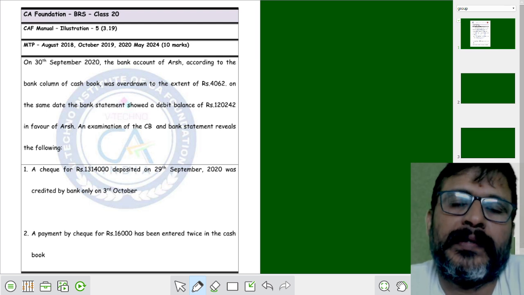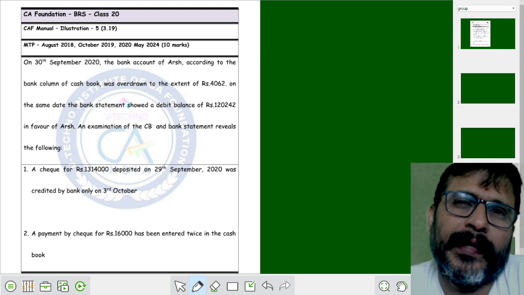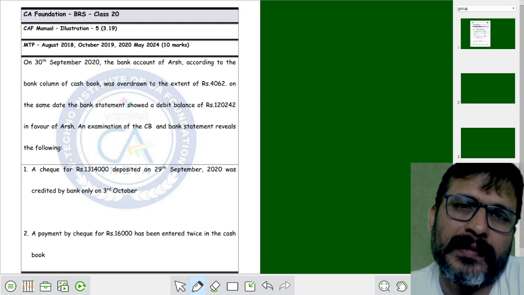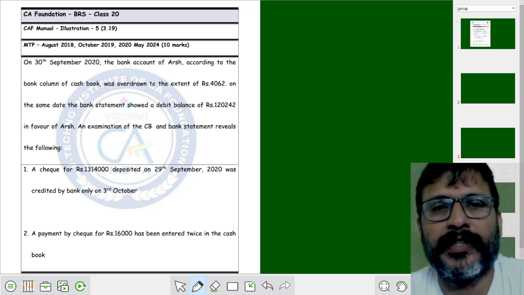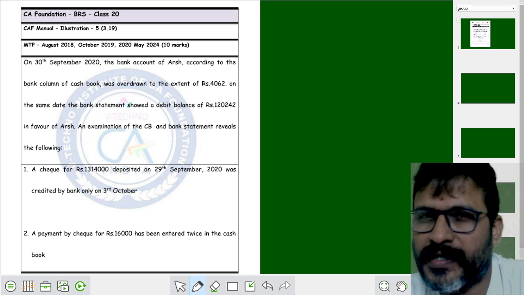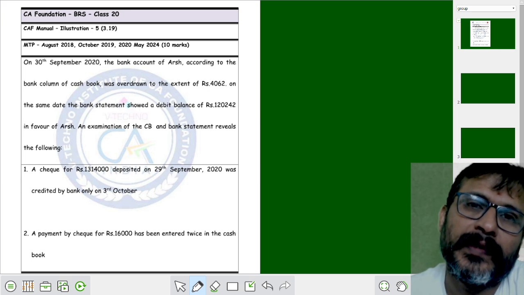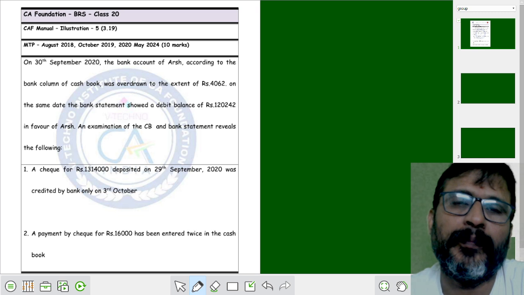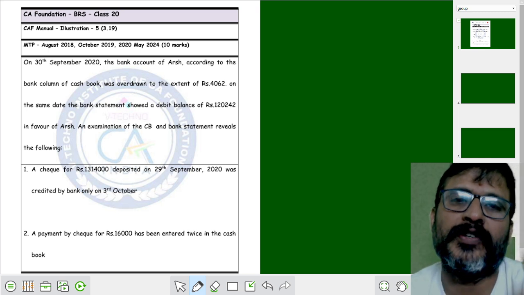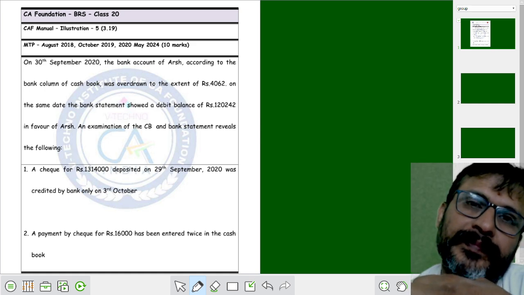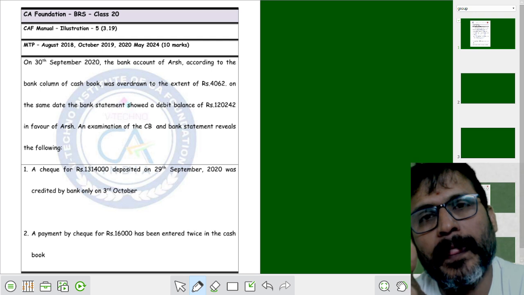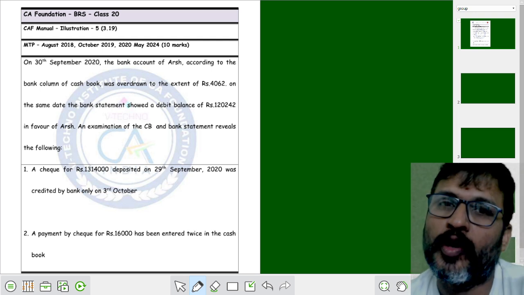CA achievers. See, my dear kids, in the last class, I explained an important message about the adjusted cash book, right? Here, we used to prepare both the adjusted cash book as well as the BRS. Now, my dear kids, what entries are to be recorded in ACB?